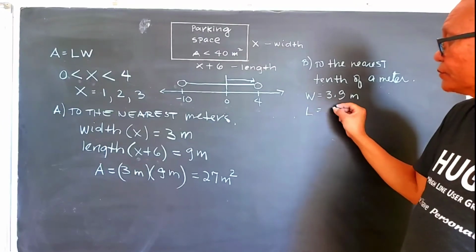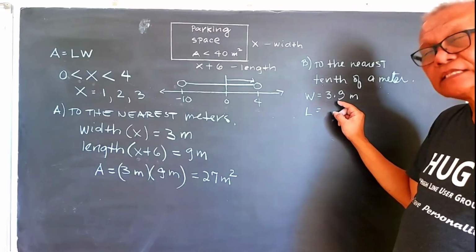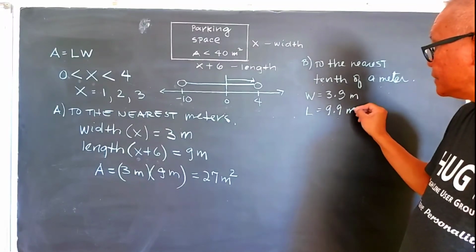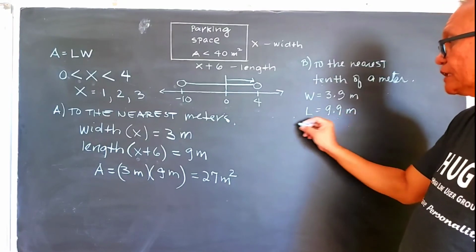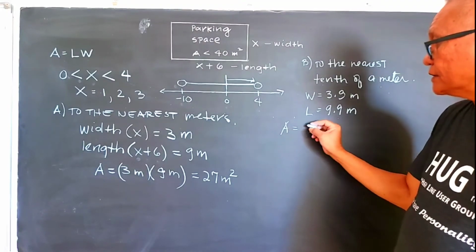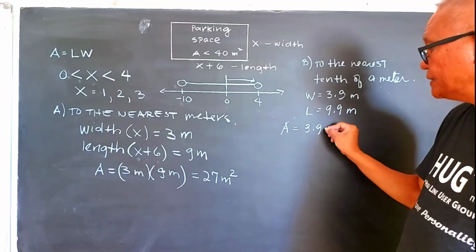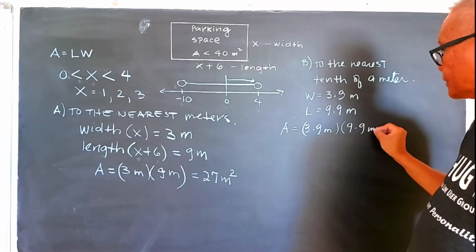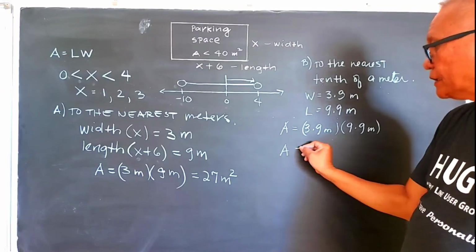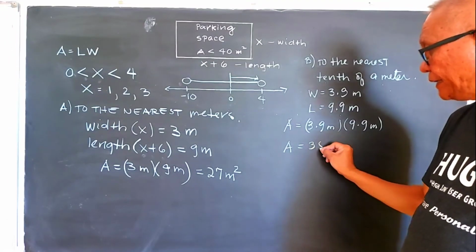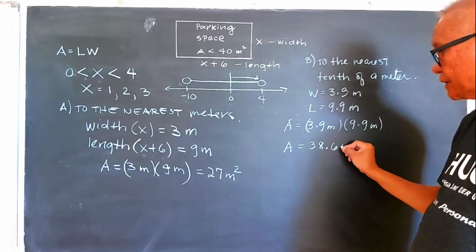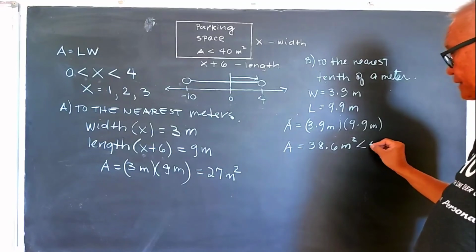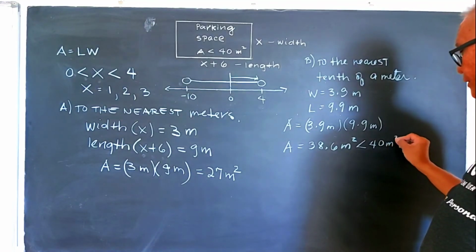And our length will be 6 plus 3.9, so we have 9.9 meters. Then we check it. Area is equal to 3.9 meters times 9.9 meters, and area is 38.6 square meters, which is still less than 40 square meters.